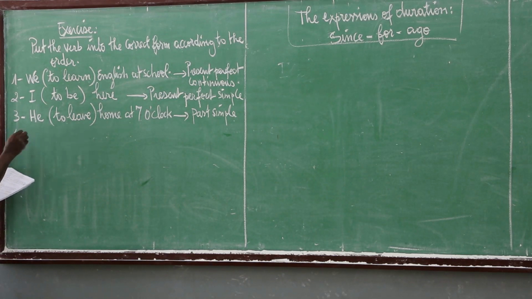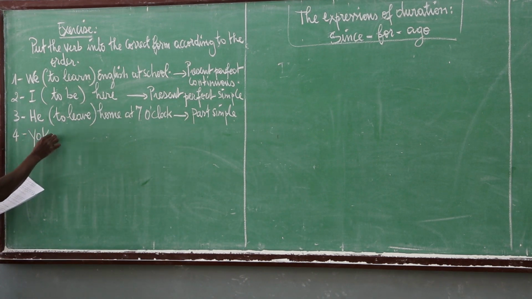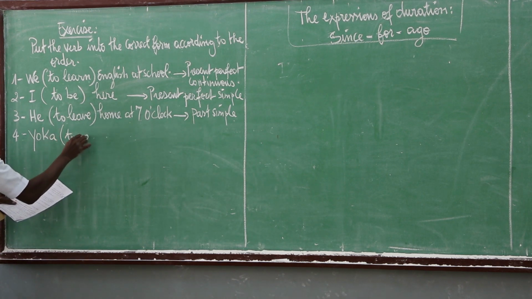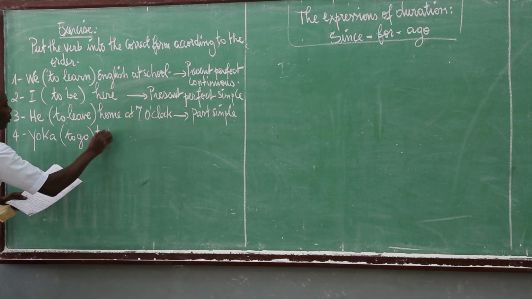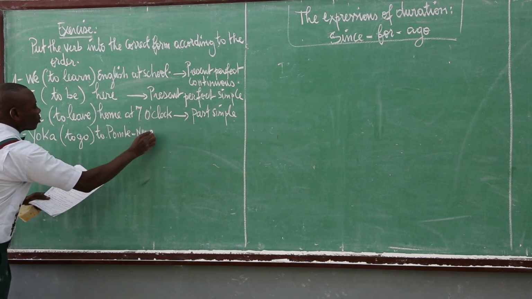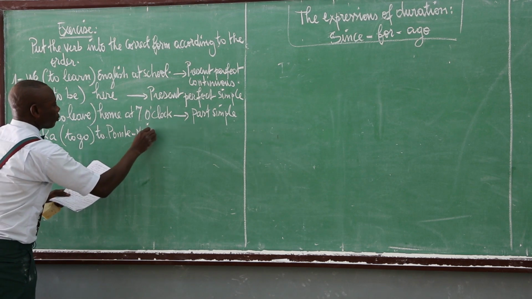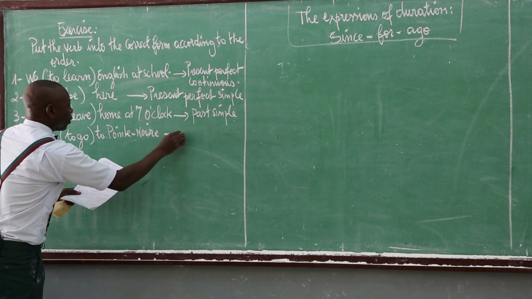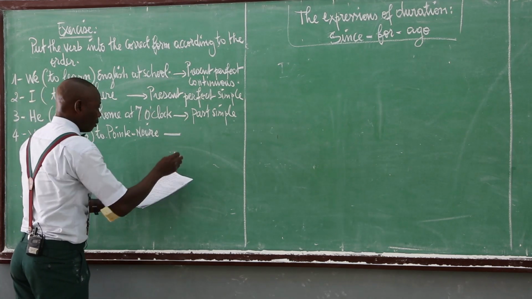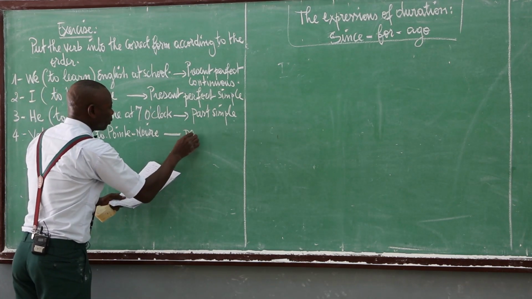Number 4: Yoka to go to Pointe Noire. The order is past simple too.